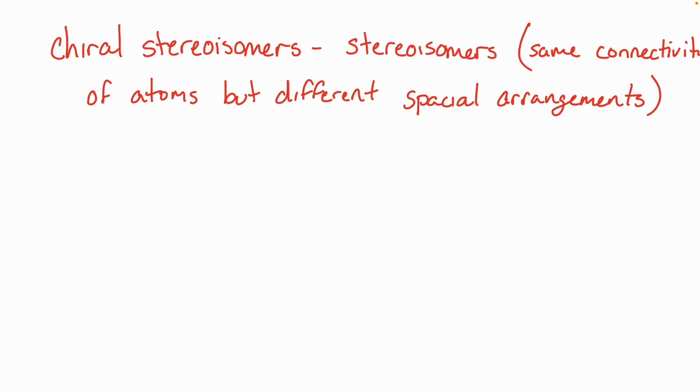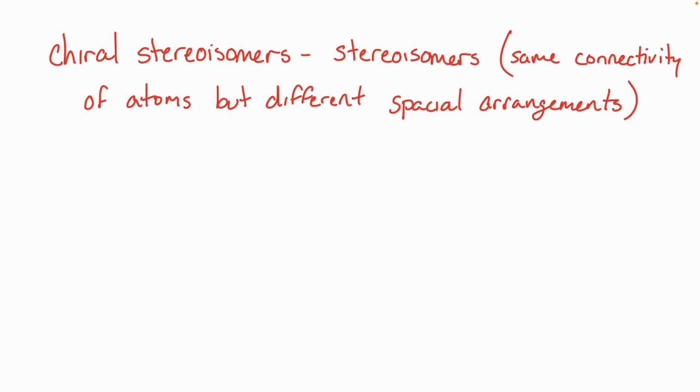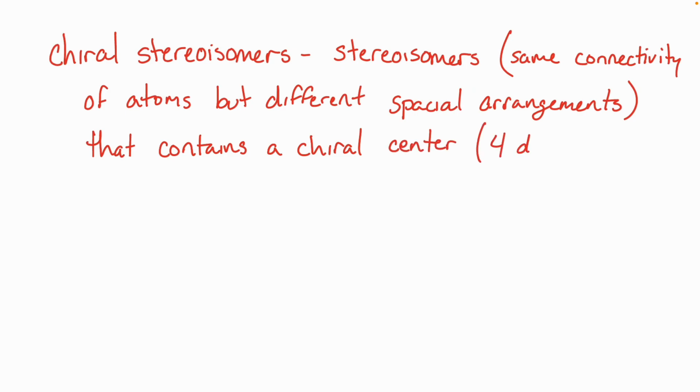Okay, so that's just what it means to be a stereoisomer. To be a chiral stereoisomer, you're a stereoisomer that contains a chiral center, something with 4 distinct bonds.